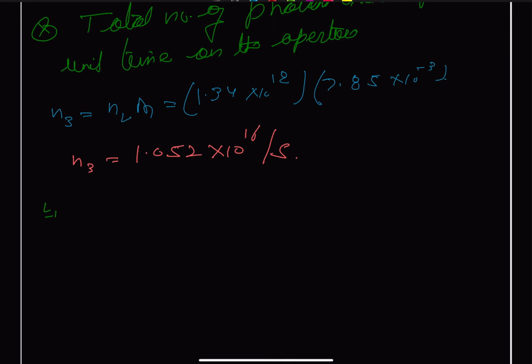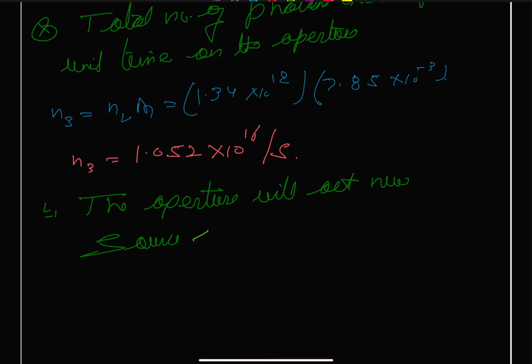So you can say the aperture will act as a new source of light. And similarly, now we have a detector D, and because this source of light will be emitting the radiation in all the directions, but we are only interested with our detector.